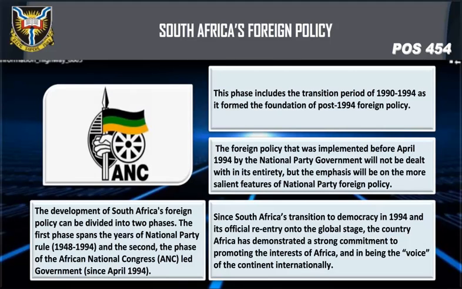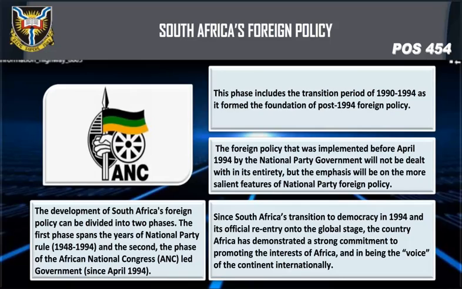South Africa's foreign policy. The development of South Africa's foreign policy can be divided into two phases. The first phase spans the years of National Party rule, 1948 to 1994, and the second, the phase of the African National Congress (ANC) led government since April 1994.